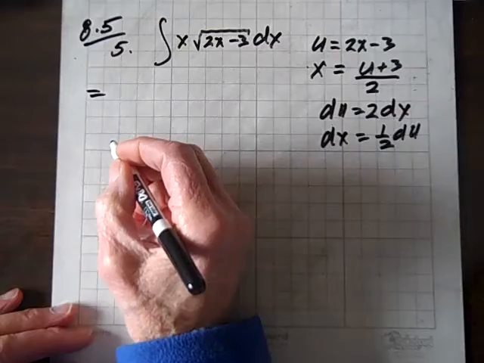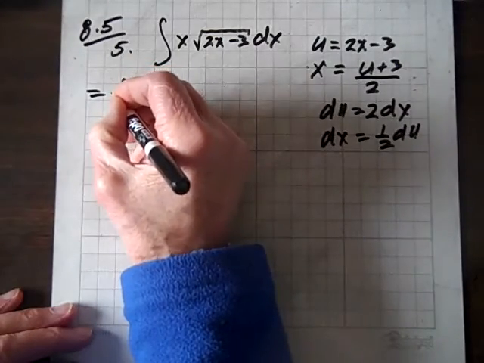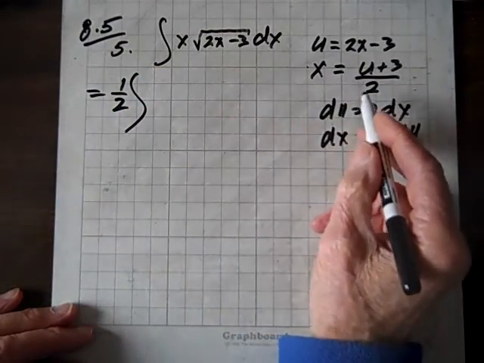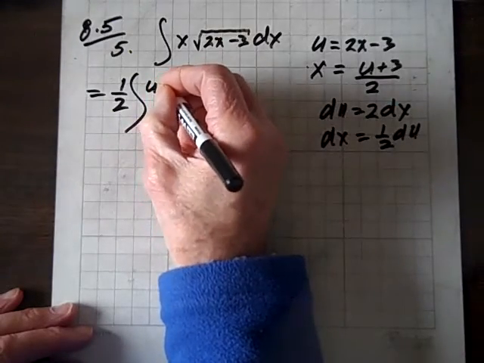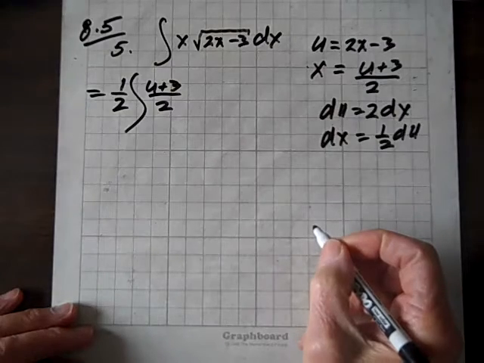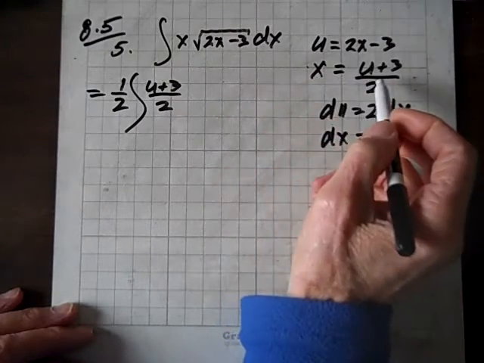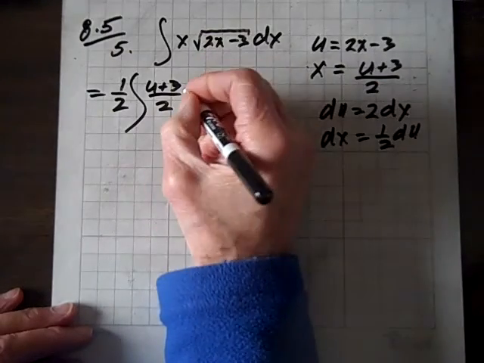So this equals the integral, and I've got a 1/2 here. And x is u plus 3 over 2. And then we've got this square root of u.